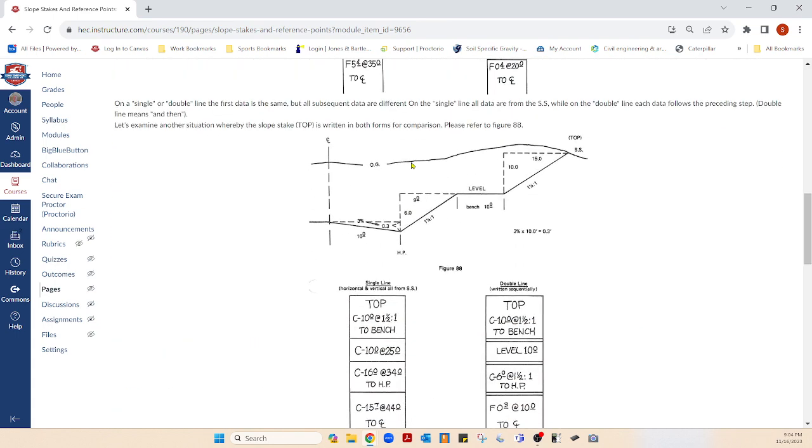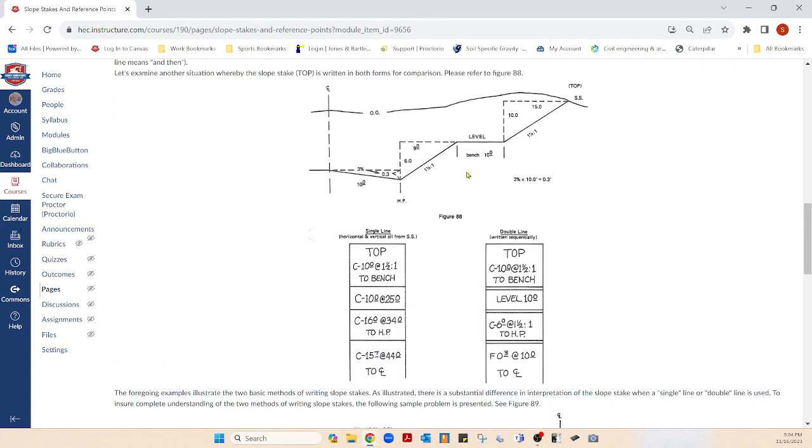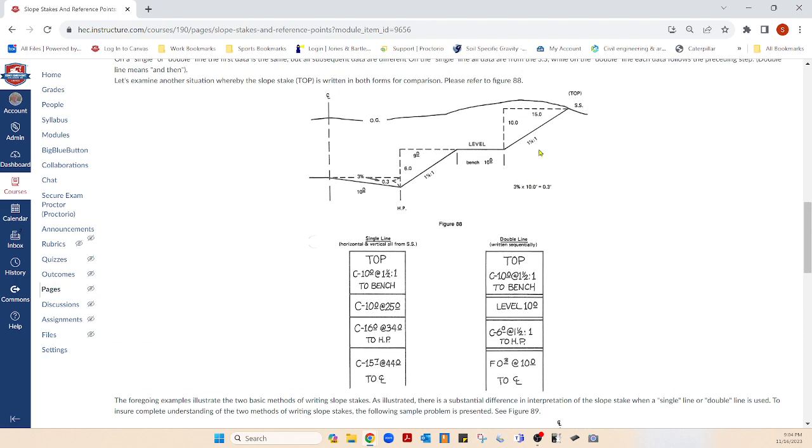Let's look at this guy. This first off the bat looks like a cut situation because I'm looking at the top, and I'm going to do the single line. So the first thing I'm going to say, I'm going to look at this thing, and I'm going to say cut. Hold it.